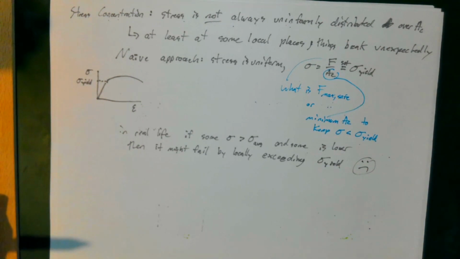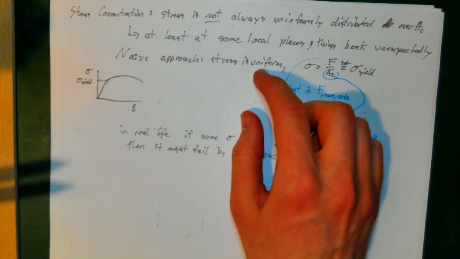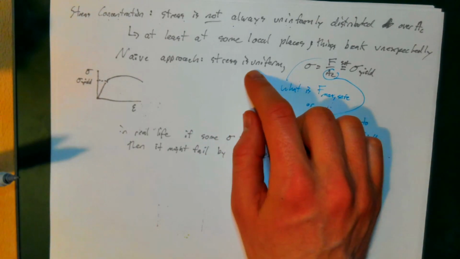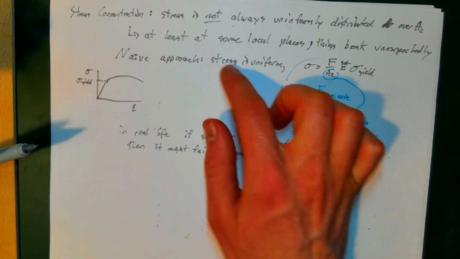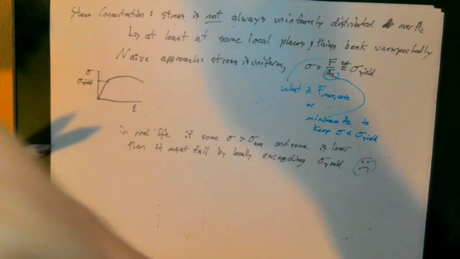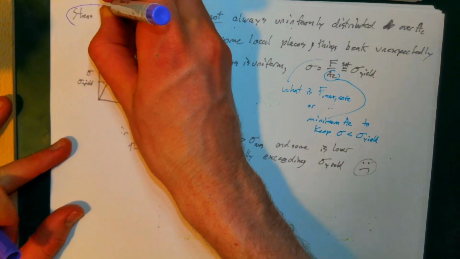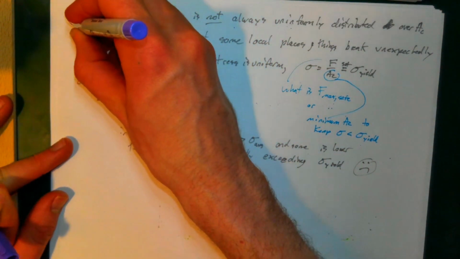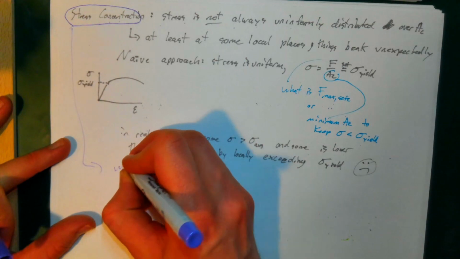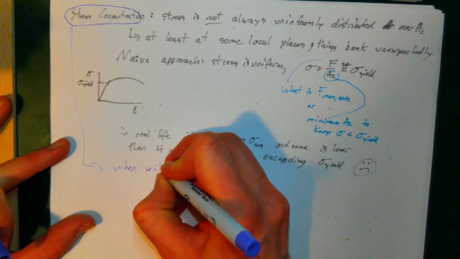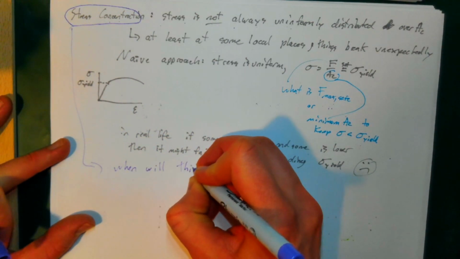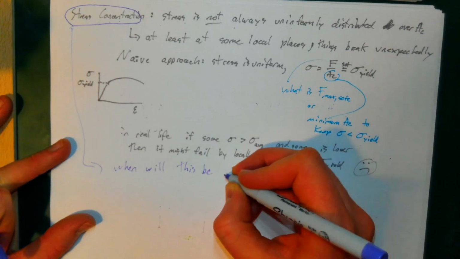So as engineers, what we need to do is at least develop some physical intuitions about when we're going to have stress concentration and when that stress concentration is going to be worse. So we want to develop intuitions: when will this be really bad?